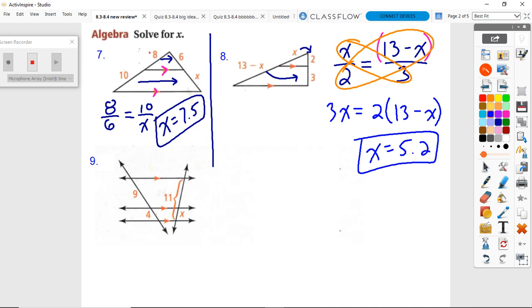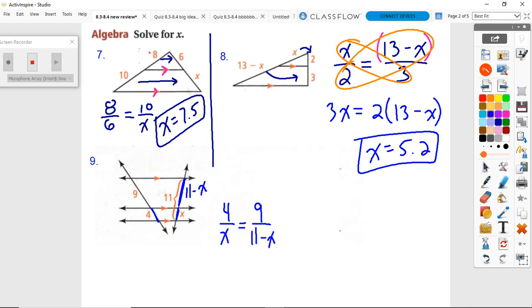All right, more fun with subtracting. Down here, we know we got x is to 4, so I can do that. Now I need to represent this segment. Well, if the whole thing's 11, the bottom part is x, the top part would be 11 minus x. So in this case, I can say 4 is to x as 9 is to 11 minus x.